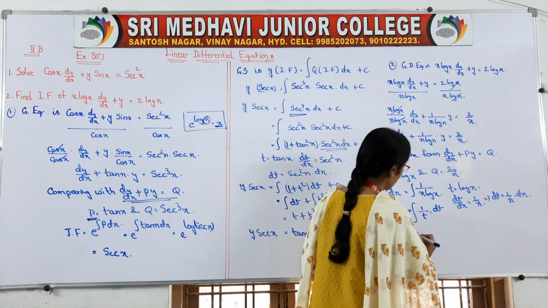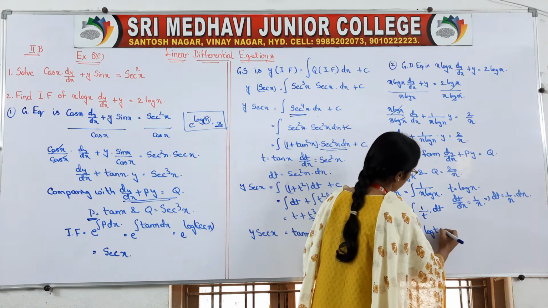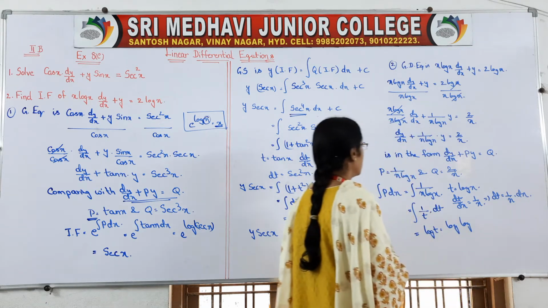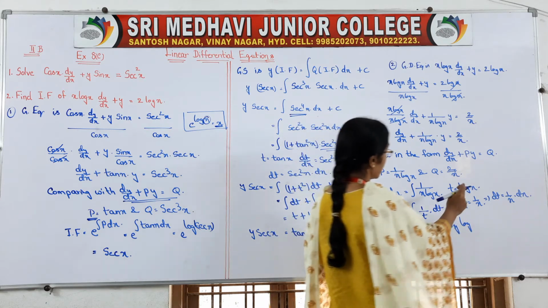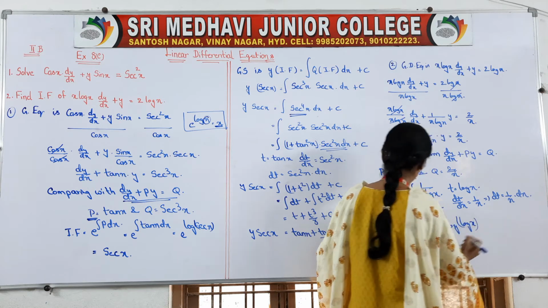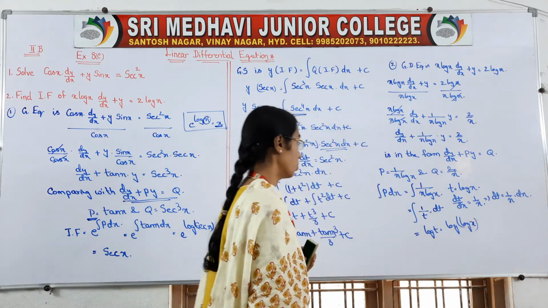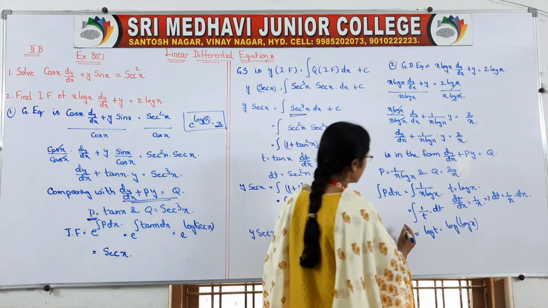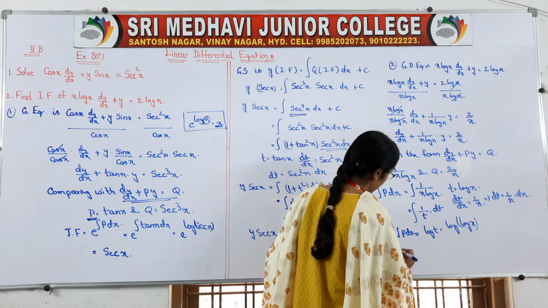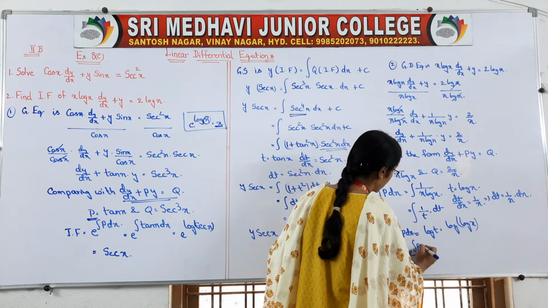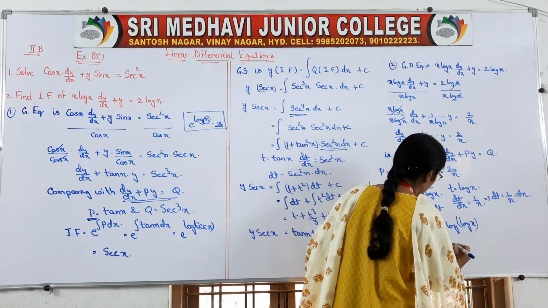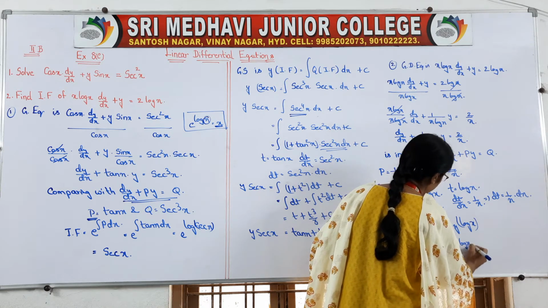Okay, so 1 by t dt is log t, which is log of log x, isn't it? We have taken t is equal to log x. So log of log x is your value, right? That is integral p dx. So the integrating factor is equal to e to the power of integral p dx, so it is equal to e to the power of log of log x.